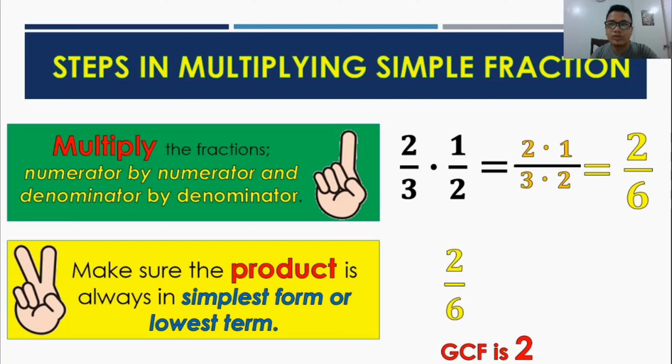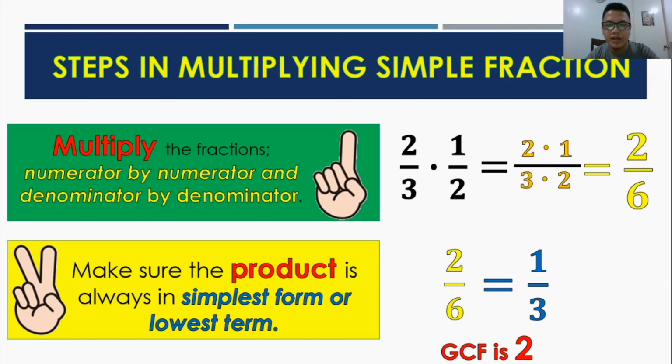Again, what are we going to do to simplify fractions? If we have the GCF now, so first step we get the GCF. The second step is to divide the fraction by the GCF. So let's divide it. So now we got 1/3 because 2 divided by 2 will give us 1 and 6 divided by 2 will give us 3.